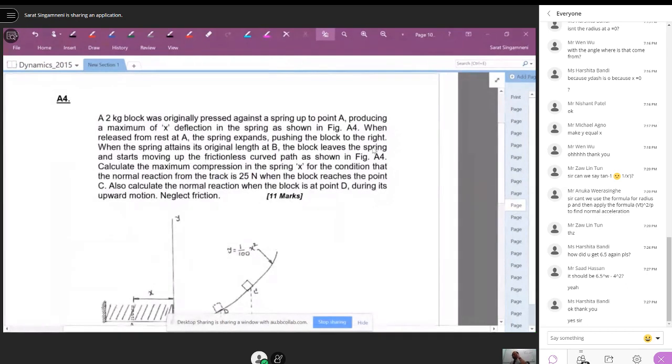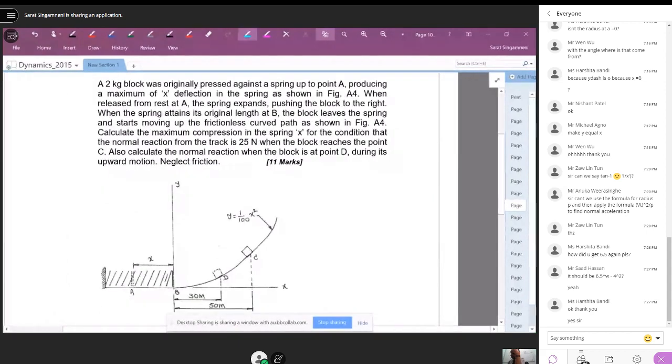A 2 kilogram block was originally pressed against a spring up to a point A, producing a maximum of X deflection in the spring as shown in figure A4. When released from rest at A, the spring expands, pushing the block to the right.